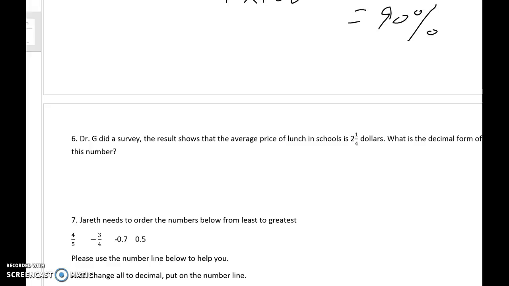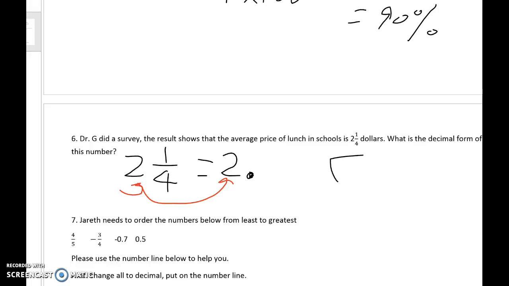So this means we need to change this mixed number into a decimal. We have the whole part, we keep the whole part here. So the whole part is still 2, and then what is behind it, to the right of it, is a fraction. We need to have a decimal here. Now what we need to do is change the fraction to a decimal.